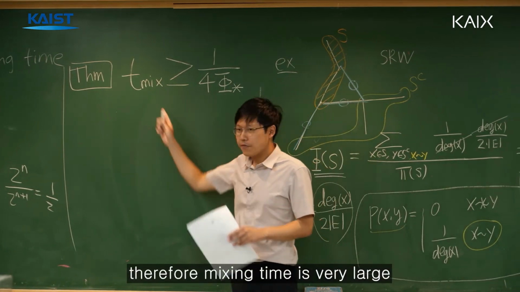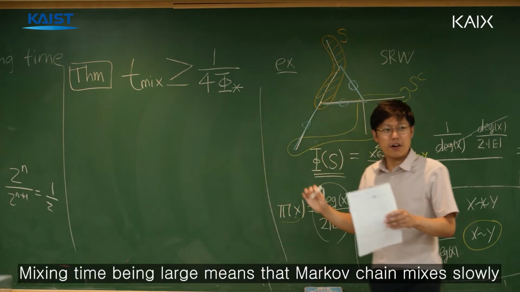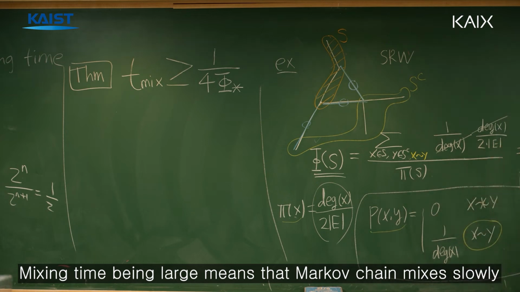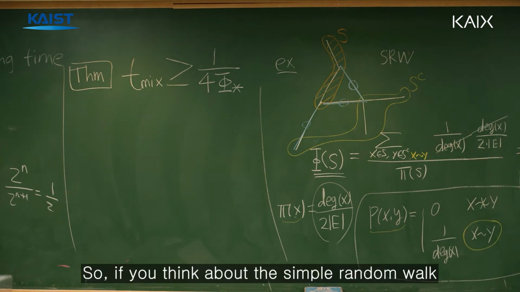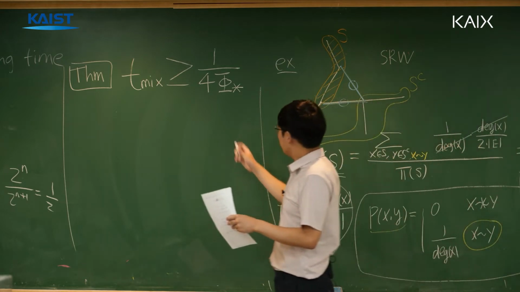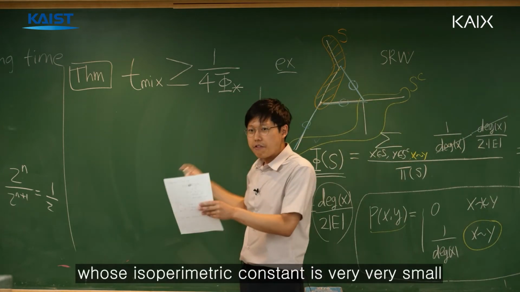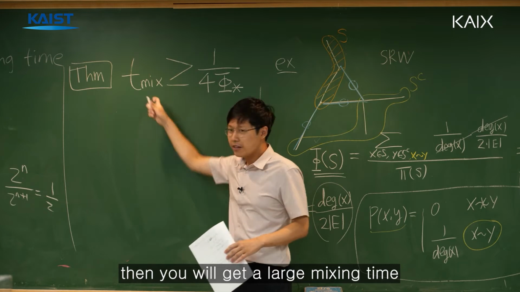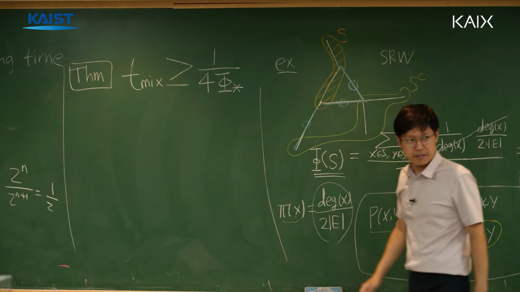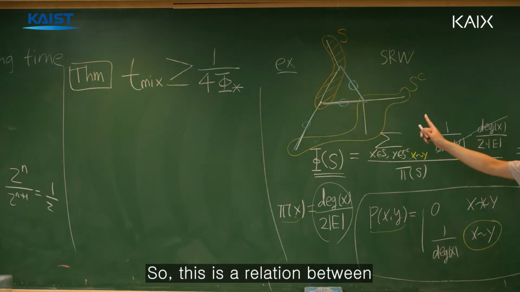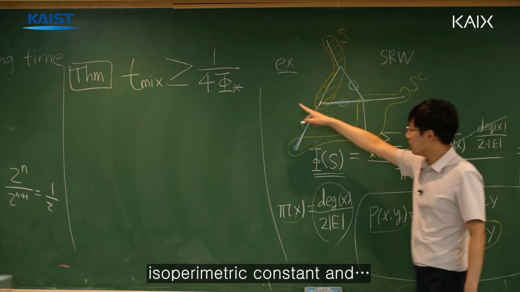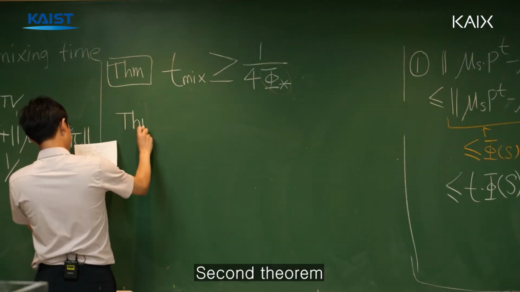Therefore, the mixing time is very large. The mixing time being large means that the Markov chain mixes slowly. So if we think about the simple random walk on a graph whose isoperimetric constant is very, very small, then you will get a large mixing time. So this is a relation between the isoperimetric constant and the mixing time.